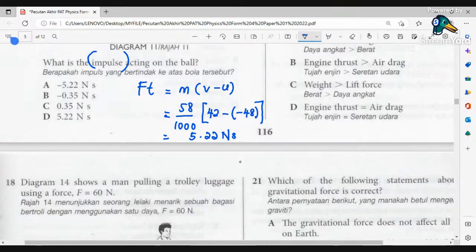So means impulse on the wall 5.22 Newton second. So impulse on the ball negative 5.22 Newton second. Sebab satu ialah action, satu ialah reaction.